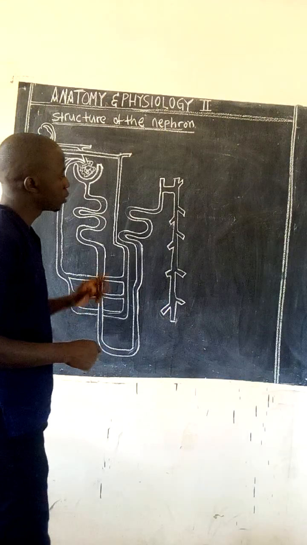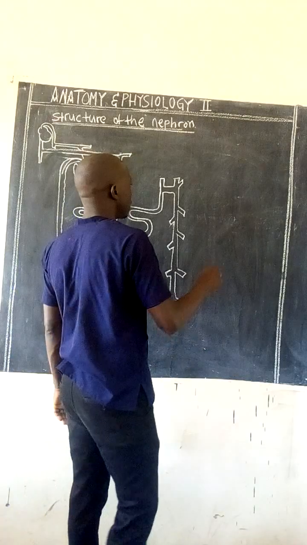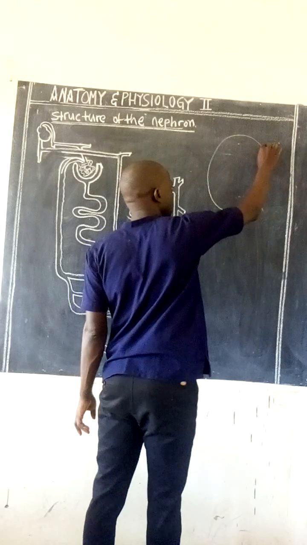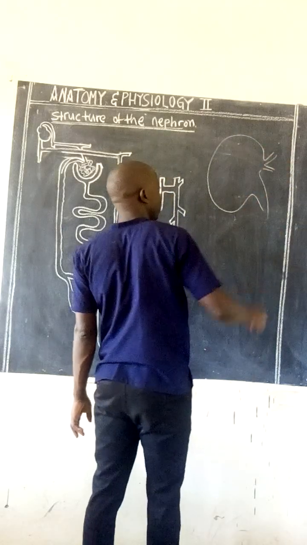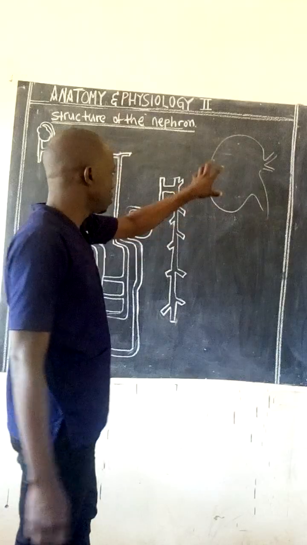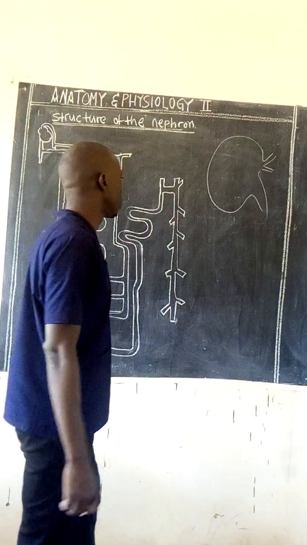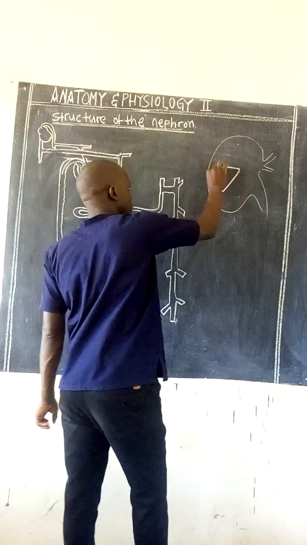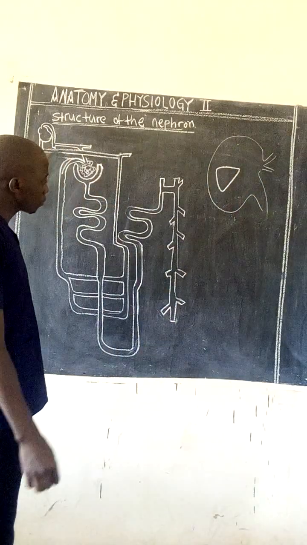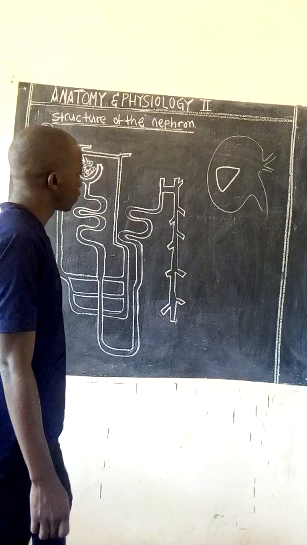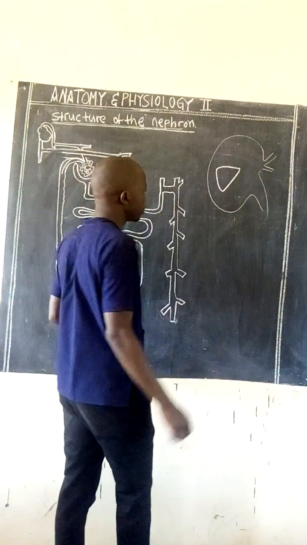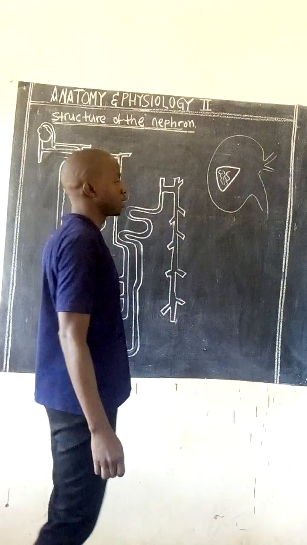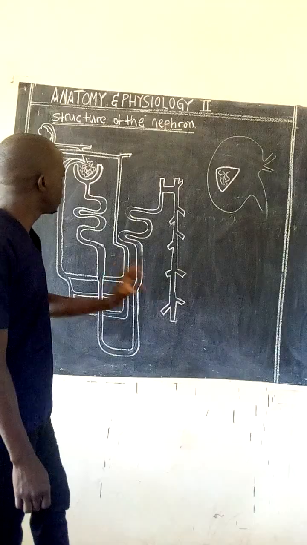And from our recent structure of the kidney, as we drew, the kidney is a bean-shaped structure, and we said inside this kidney, in the layer called the medulla, we have the renal pyramids. And we said in these renal pyramids is where we have the nephrons, and they are over millions.